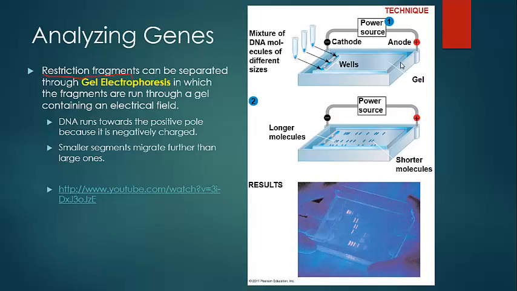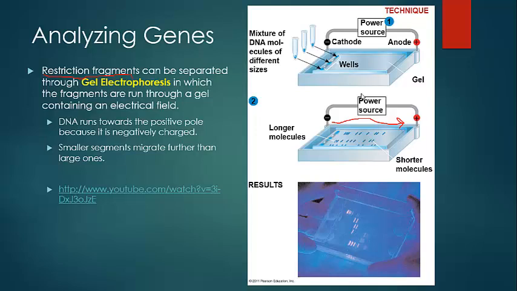Since DNA is negatively charged, because of the phosphate groups, the DNA is going to travel from the negative side, where the wells are, over to the positive side. The smaller fragments are going to be able to travel through the pores much easier than the larger fragments.